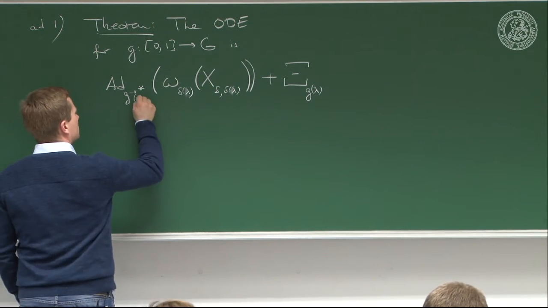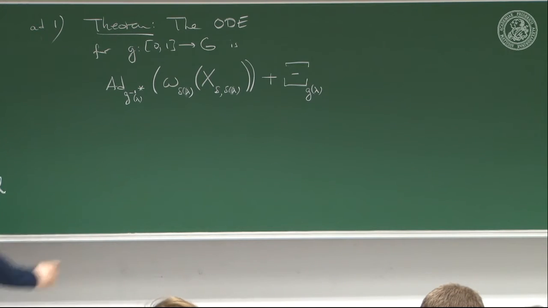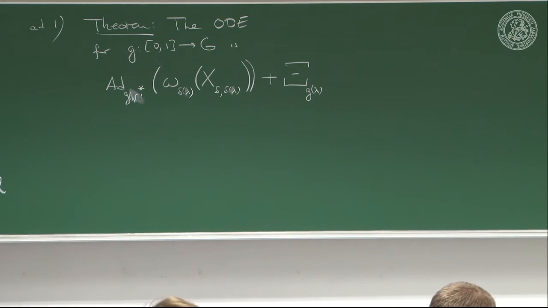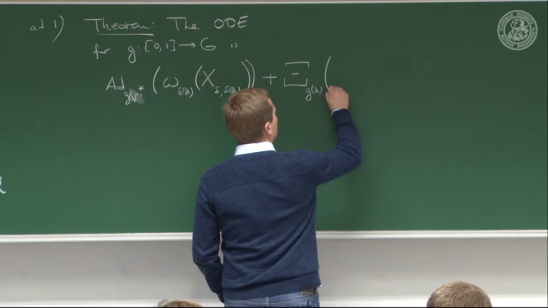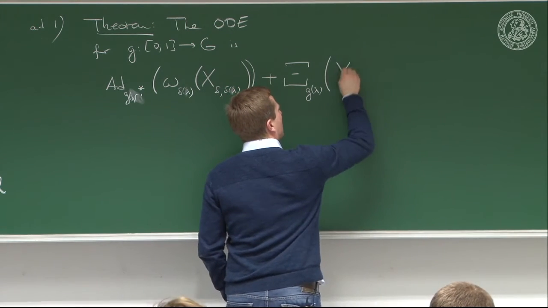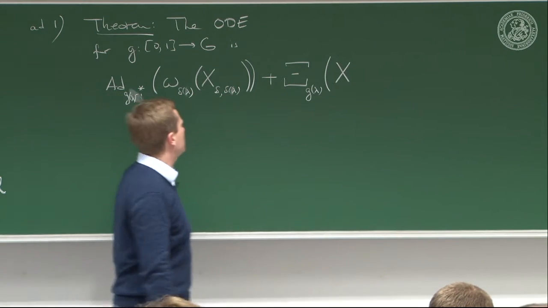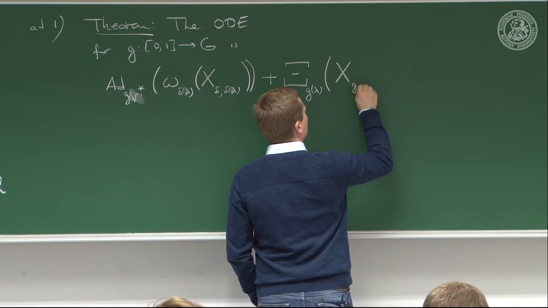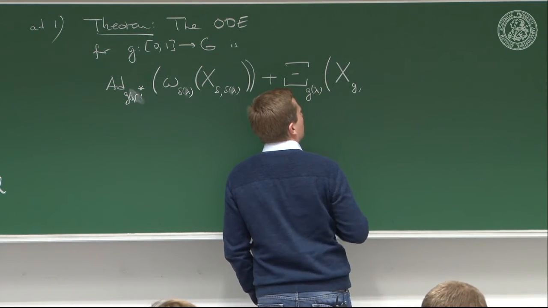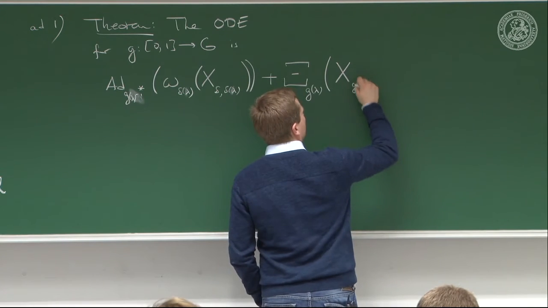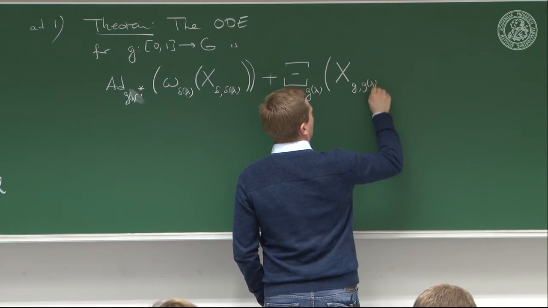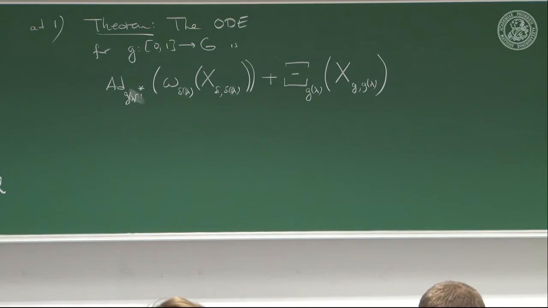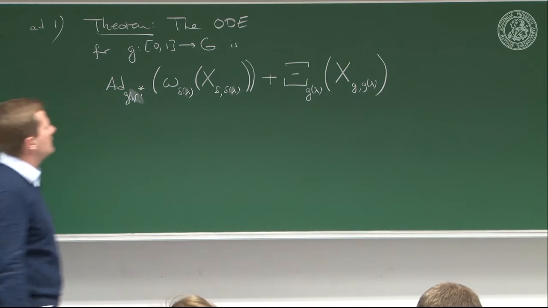So here it's also g of lambda inverse, and it's the Maurer-Cartan form here along the tangent vector. Now this is a different construction along the curve g, so that's a tangent vector in the group, in the tangent space of the group G at lambda equals 0.